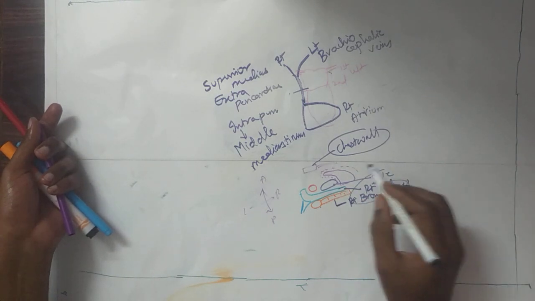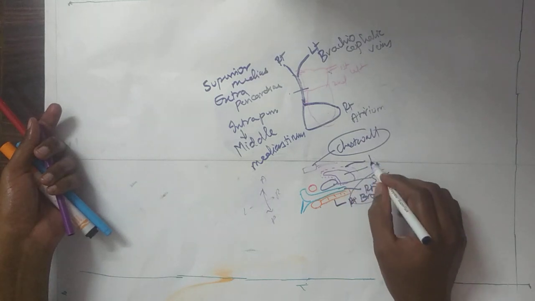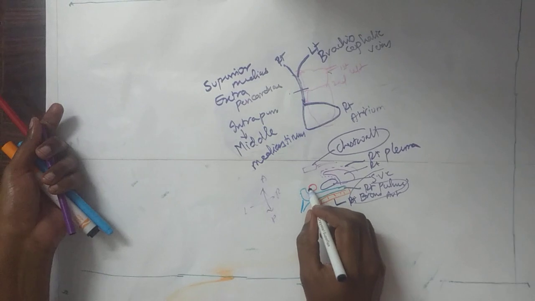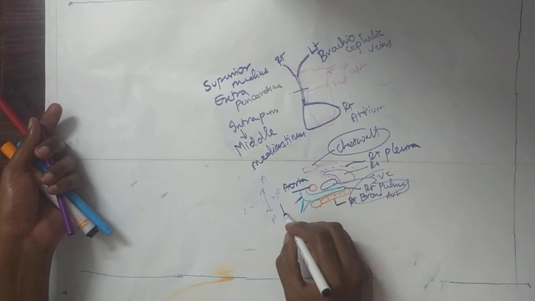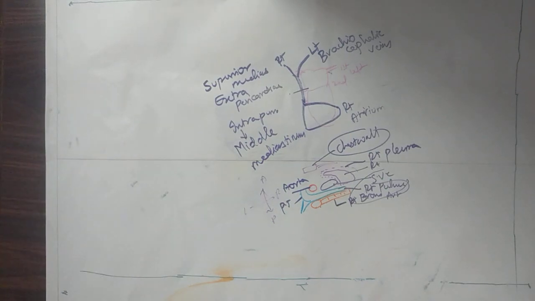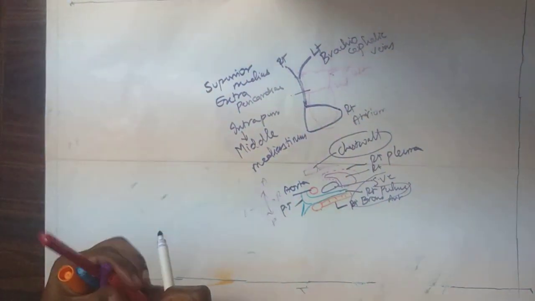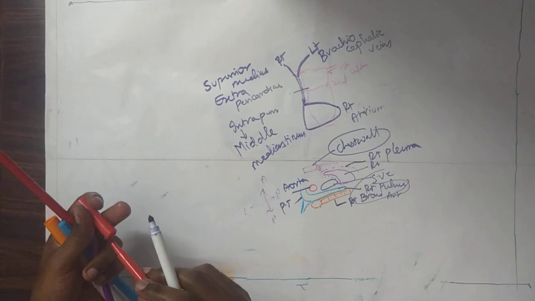So these are posterior, all these three. To the right side, what are we having? The right lung, right pleura. Then to the left side, aorta with the pulmonary trunk. So these are the relations for your superior vena cava. Anteriorly chest wall, and along with this anterior chest wall one artery is going along there.